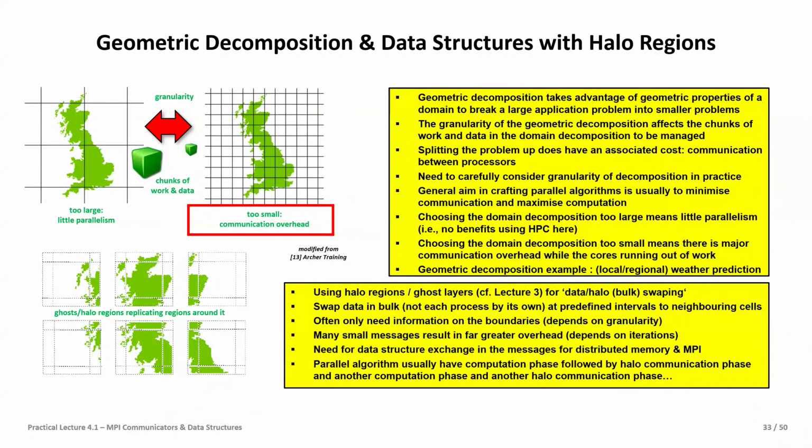This could mean that you don't have just an integer or a couple of values, but you need data structures which represent multidimensional arrays that hold different physical variables that you always want to handle together. We call that a bulk swapping.